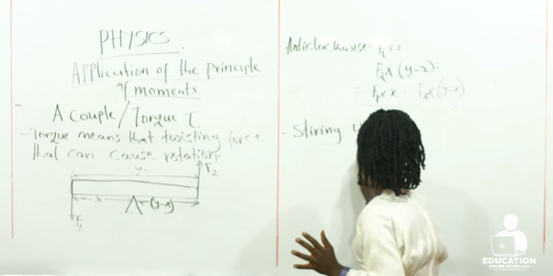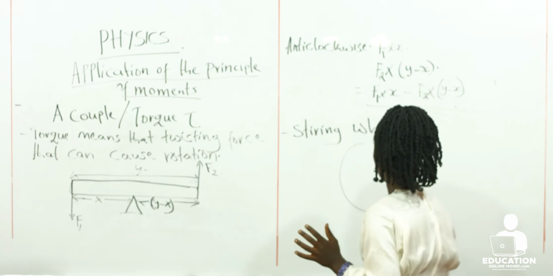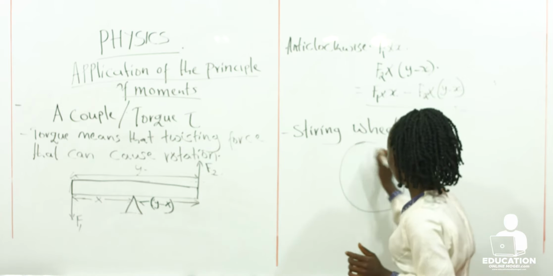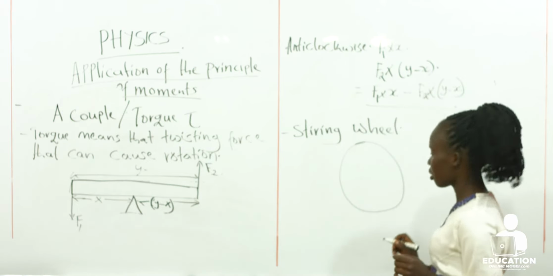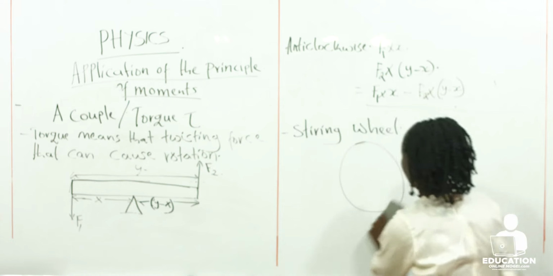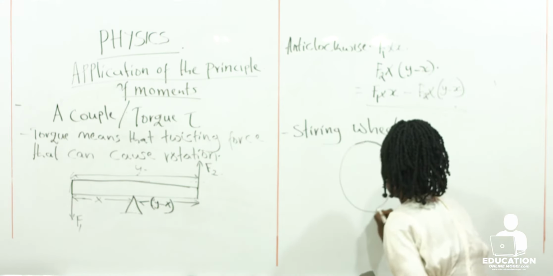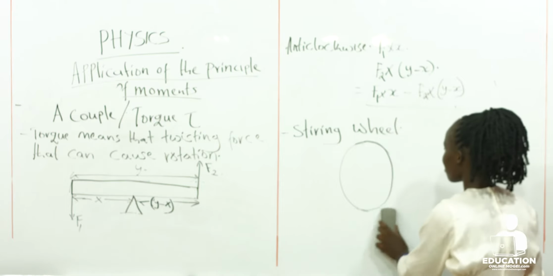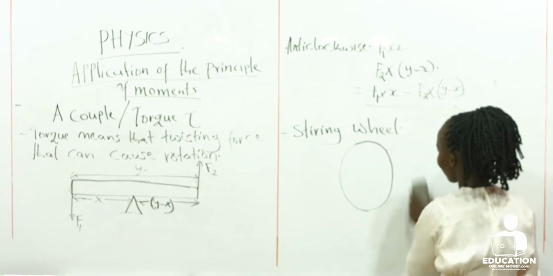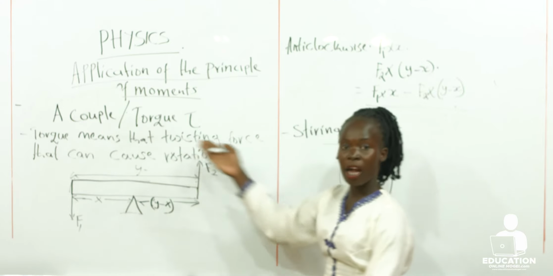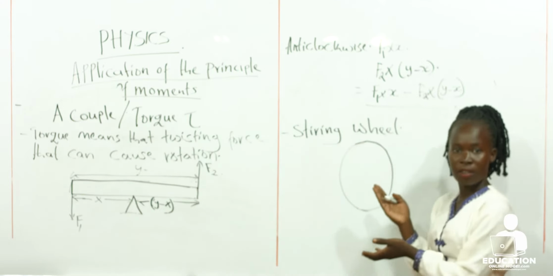Because I've never seen a triangle one. Maybe if any of you have ever seen that. That looks more awkward. We assume this is our steering wheel. How does the couple or a torque help us during driving?